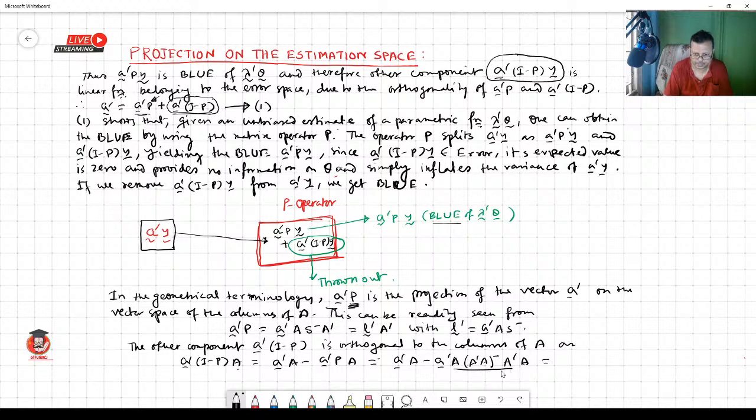This is P, and this portion I denote by H, so this is AH, hence A minus A equals AH, so this should be 0.